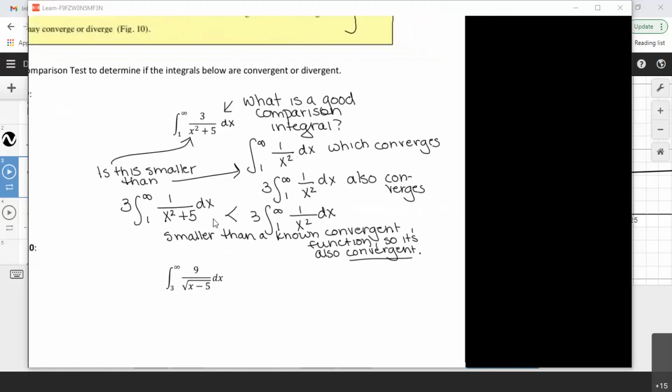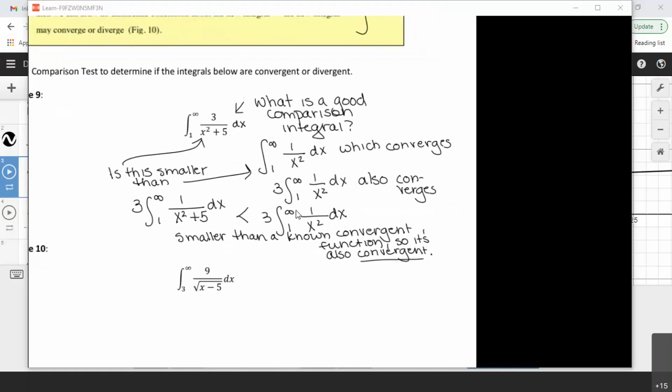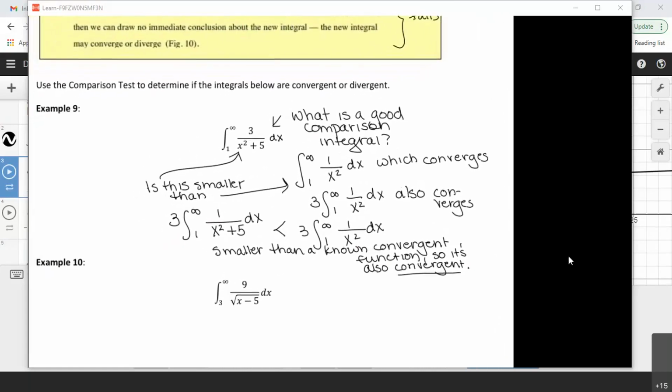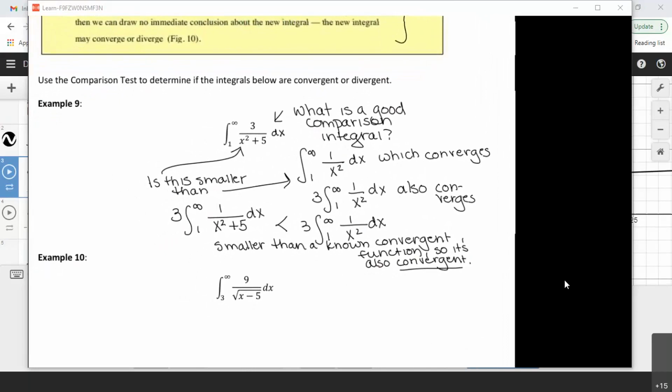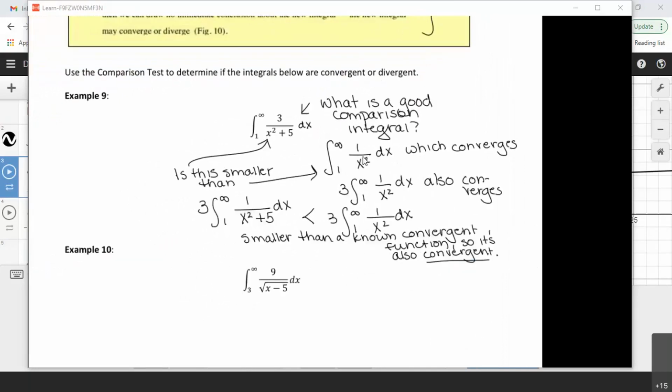Again, you have to prove it's smaller than a known convergent function or larger than a known divergent function. Does that make sense? Does the reasoning make sense? I'm just asking you about example 9. We're comparing it to a known convergent function. We're showing because its denominator is bigger, it's smaller than that known convergent function, so it must also converge.